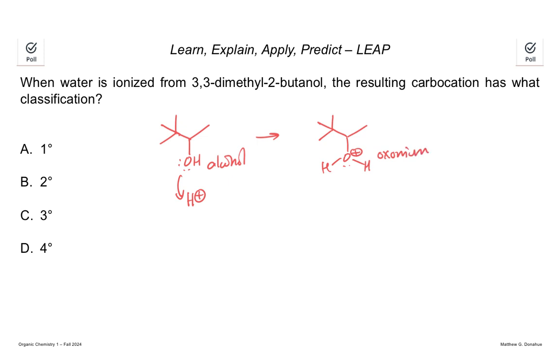So we're starting with a secondary alcohol that's being protonated. We're generating the oxonium. That's going to ionize so that water leaves. The plus charge moves from oxygen to carbon.